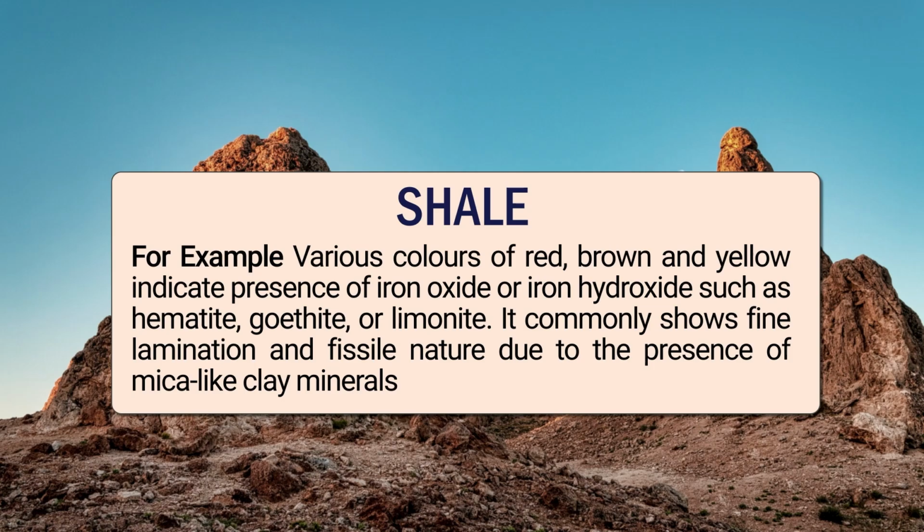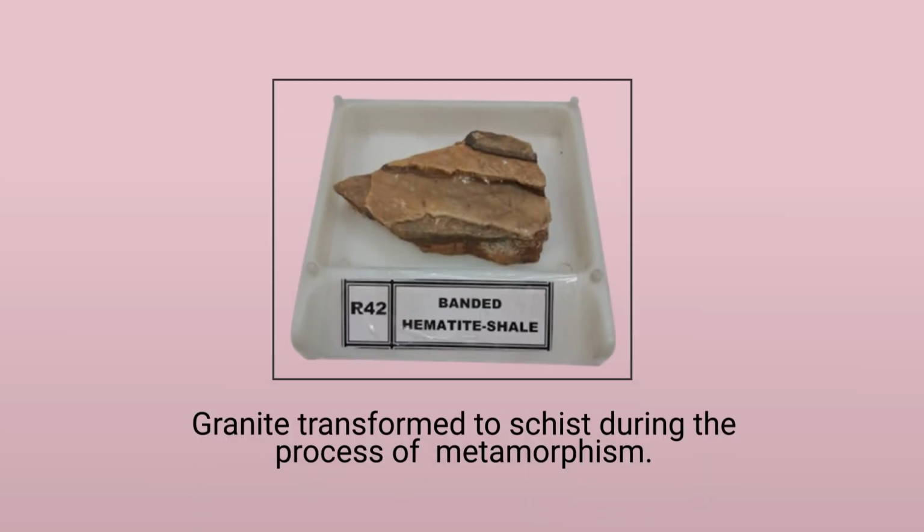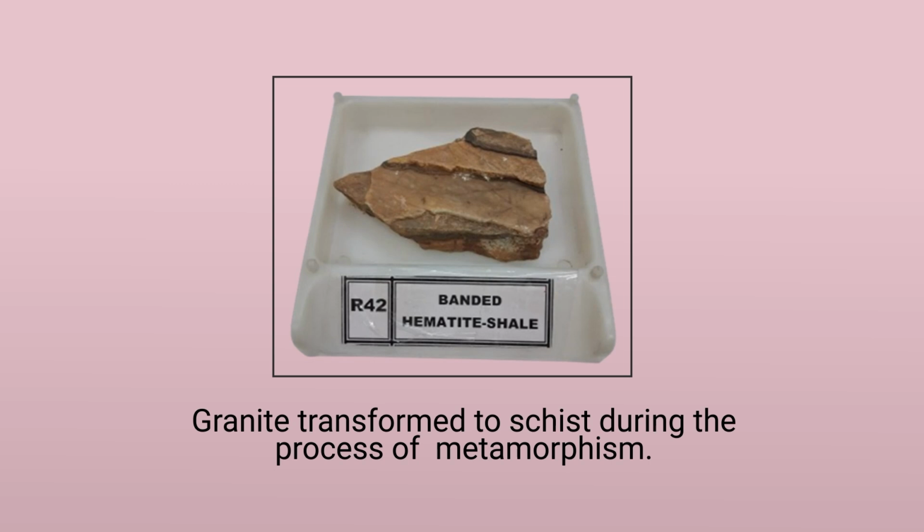It commonly shows fine lamination and fissile nature due to the presence of mica-like clay minerals. Here you can see a hand specimen of banded hematite shale, where the color of hematite varies from brown, red to black.